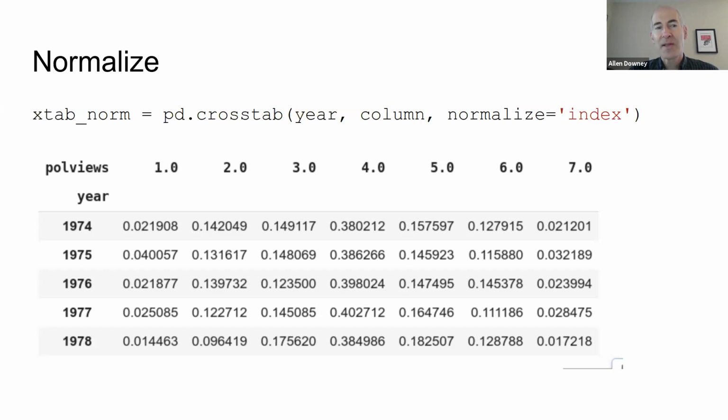And if we normalize along the index, what that means is that each row will be normalized so that it adds up to 1. In other words, each row will be the fraction of respondents rather than the number of respondents who gave each response. In this example, we can see that in 1974, the fraction of people who said 7 is 0.021201.